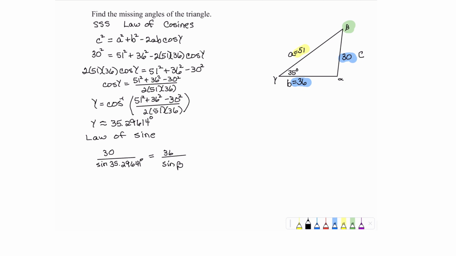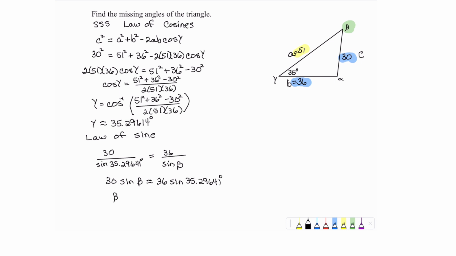When I solve this, I will multiply both sides by sine beta and sine of 35.29641 degrees. So I have 30 sine beta is approximately equal to 36 times the sine of 35.29641 degrees. Divide both sides by 30 and take the inverse sine.